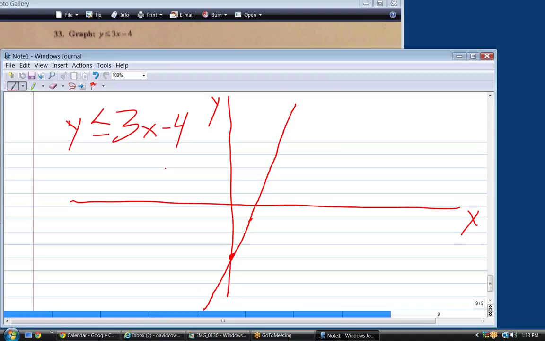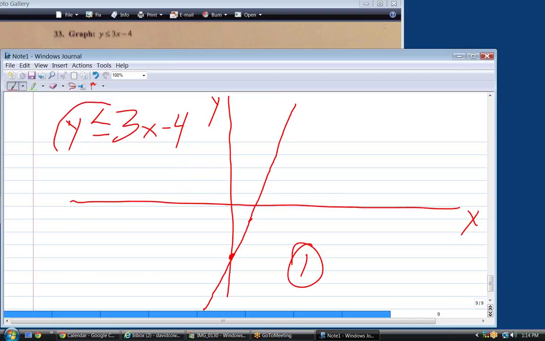Which side of that line am I on to satisfy this inequality? You have to be on the negative side. Am I on this side number 1 or this side number 2? Number 1.